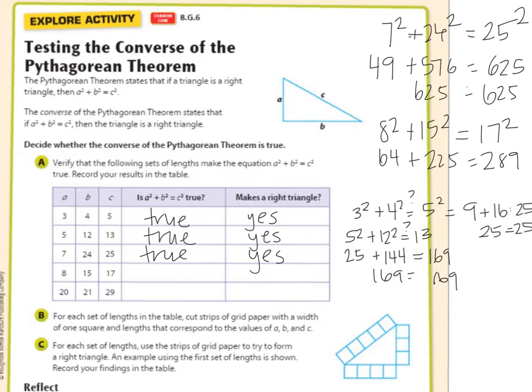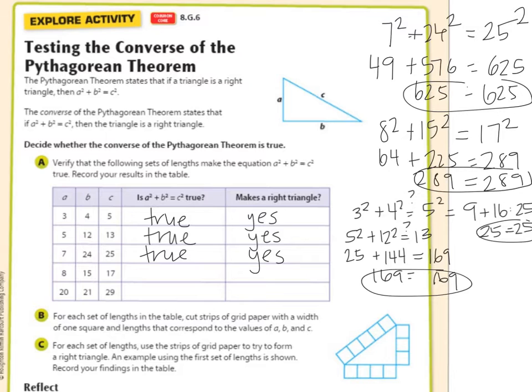So 64 plus 225 equals 289. So these are equal. I'll circle my answers here so we've got a little bit of organization. So yes, this is true, and yes, it is a right triangle.